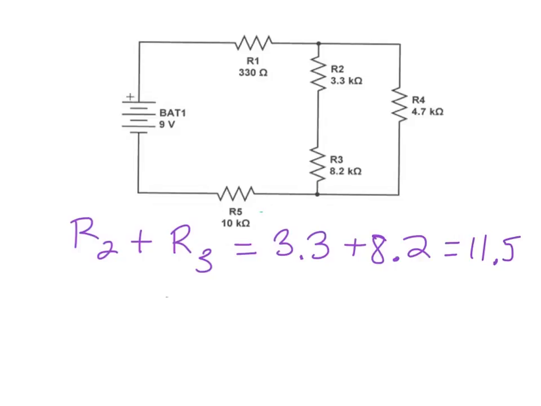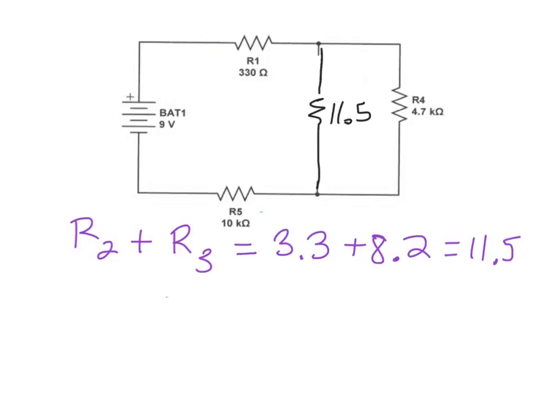So I'm going to do some little magic animation here to get that to go away. What I've essentially done is just combine two to make an equivalent resistor. Because what I'm slowly trying to do here is combine all the resistances into one total resistance, right?